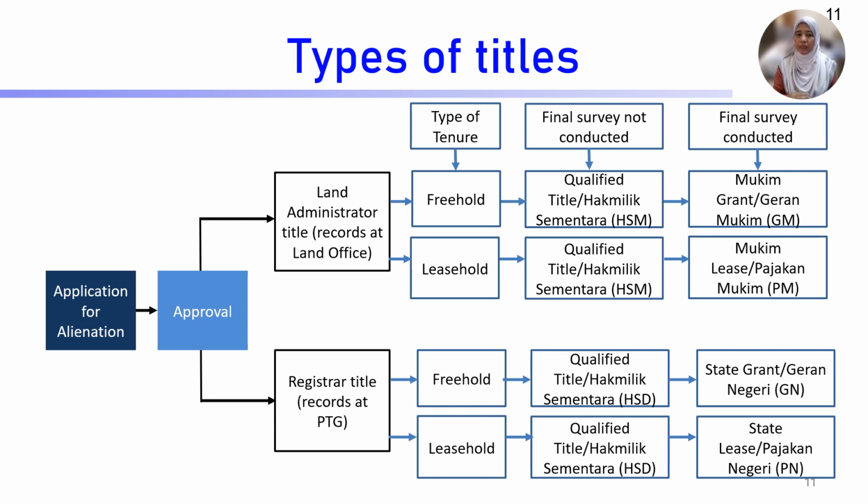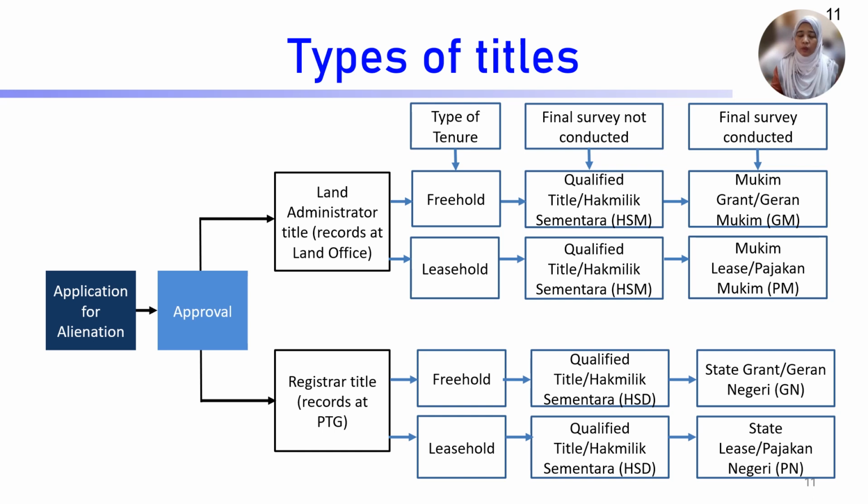Again, let me just repeat. There are 2 types of title, two officers that will hold the title, the land office, the PTG. The qualified title will be under leasehold or freehold. The final title, the land title itself, will be under leasehold or freehold. So for the freehold land office, the final title will be GM, geran mukim.